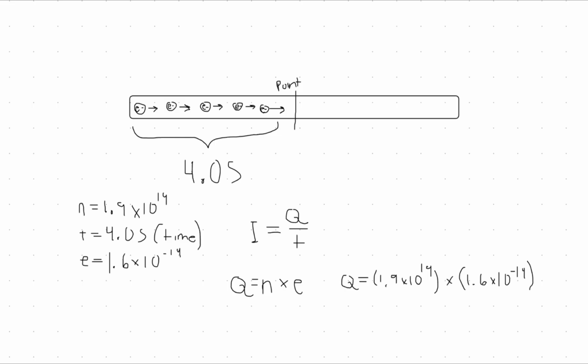The positive 19 and negative 19 exponents completely cancel each other out. So that leaves us to do 1.9 times 1.6.